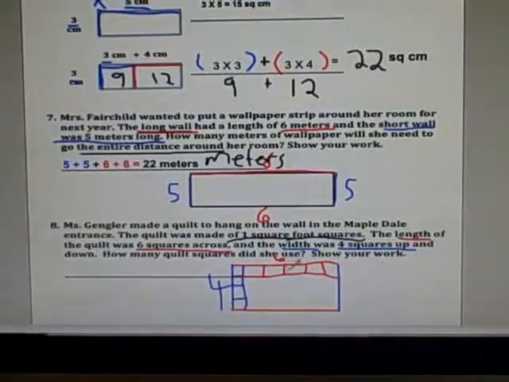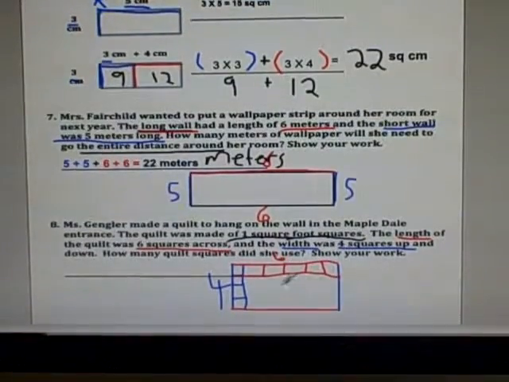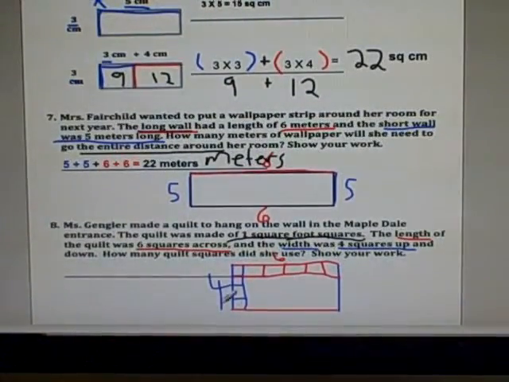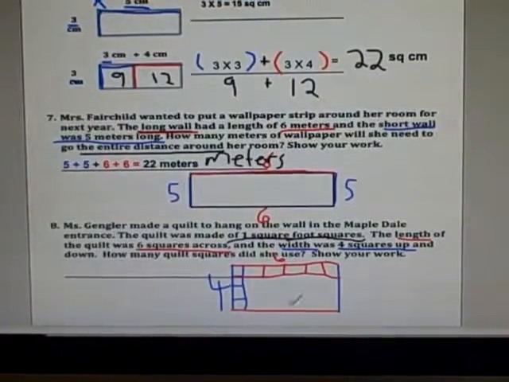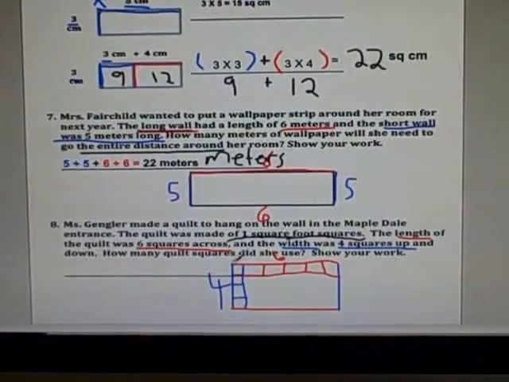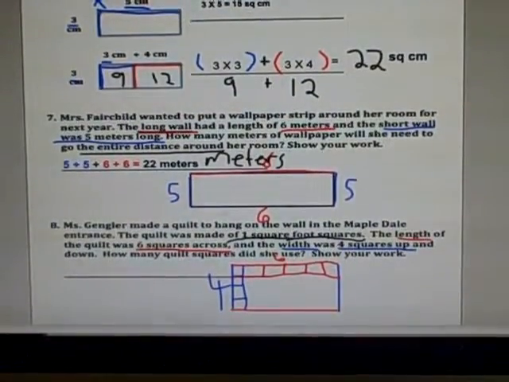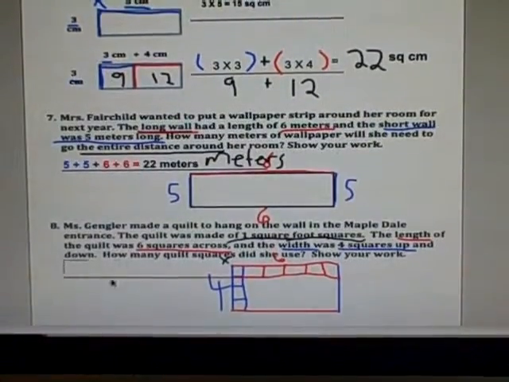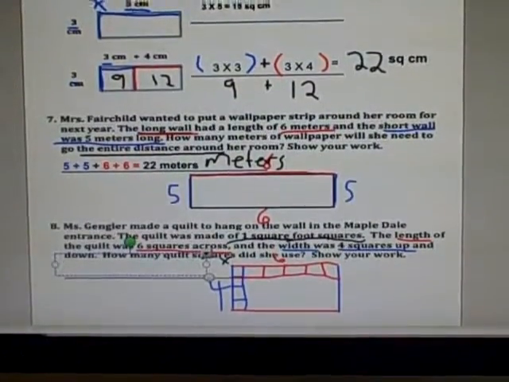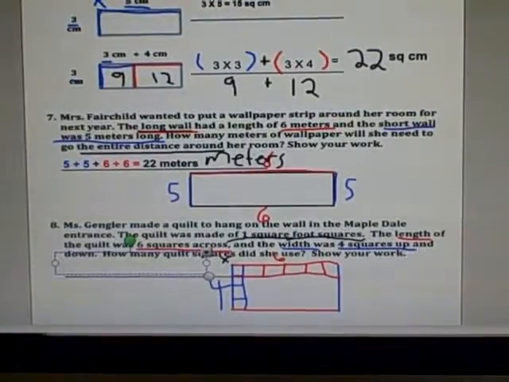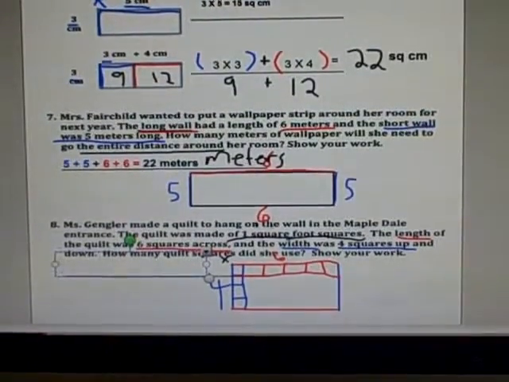We need to know how many squares she used to make the quilt. Yeah, we're not finding the distance around, we're finding the space inside. And what's the formula for area? 4 times 6, or length times width. So here we go. Let's write it down. I'm going to make it a little bigger and bold it.